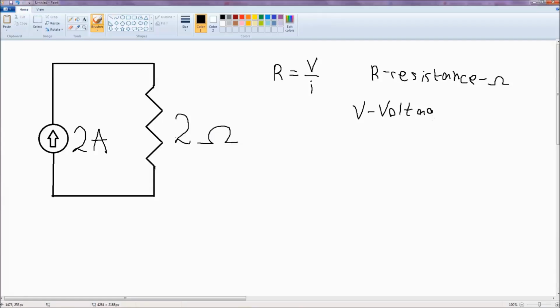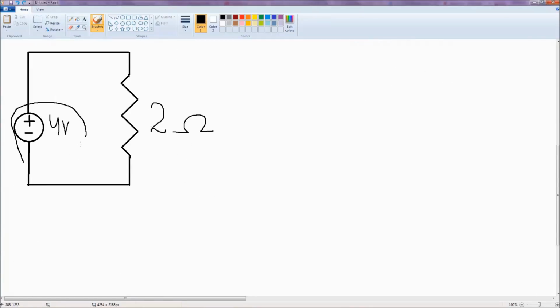voltage, which we don't have a voltage source for here, but it looks like this. This is a voltage source. Basically it has a plus sign and a minus sign.